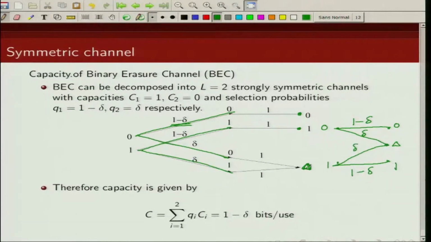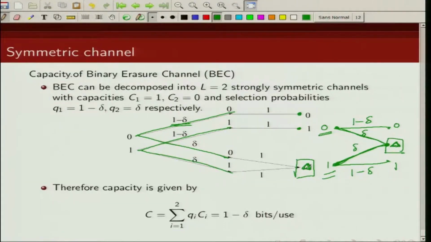Now look at how you are selecting this channel, which consists of the output symbol delta. From input 1, this probability is delta. From input 0, this probability is again delta. So this particular channel is selected with the same probability.